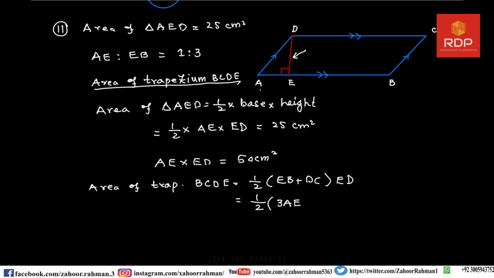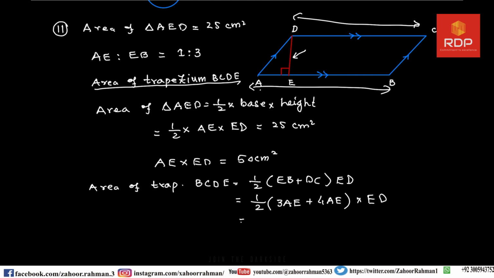Similarly, DC, which is this whole, will be equal to this whole, so it will be equal to 4 times AE. So DC will be equal to 4 times AE, and ED will come in its place.